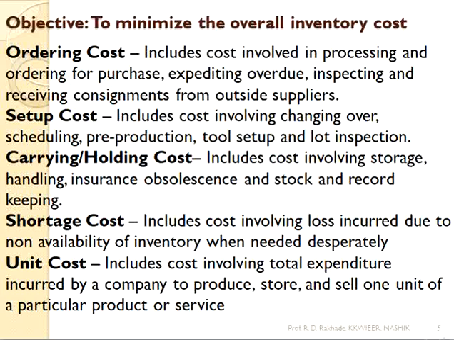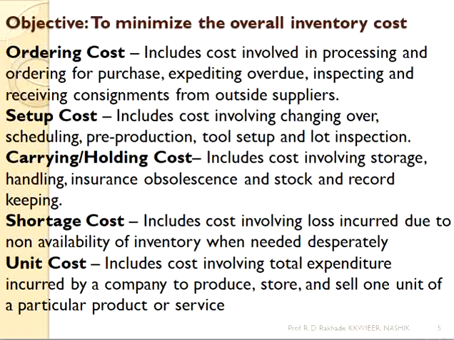Then setup cost, which includes charges for scheduling or start, pre-production, tool setup and lot inspection. Then carrying or holding cost in an organization, which includes the cost of storage, handling, insurance, obsolescence, and stock and record keeping.